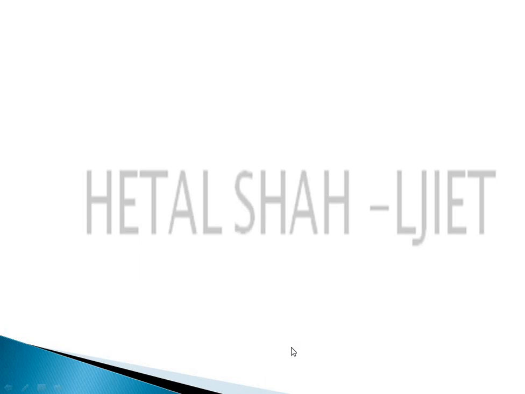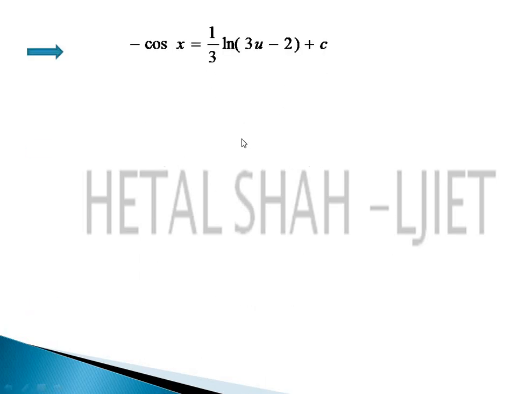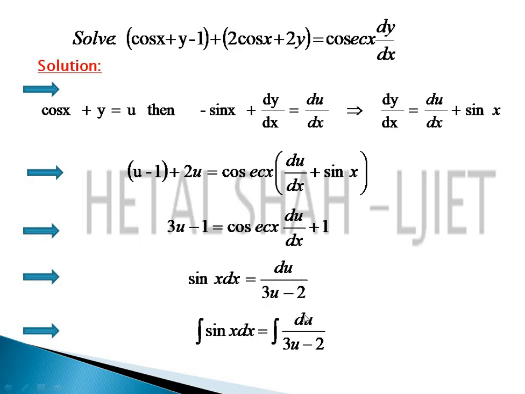So after integrating, we can write minus cos x equals 1 upon 3 log(3u minus 2), because for the integration of this term, if we multiply by 3 and divide by 3, we can write 1 by 3 into 3 du upon 3u minus 2. So the derivative of the denominator is in the numerator, so we can write 1 by 3 log(3u minus 2) plus c.